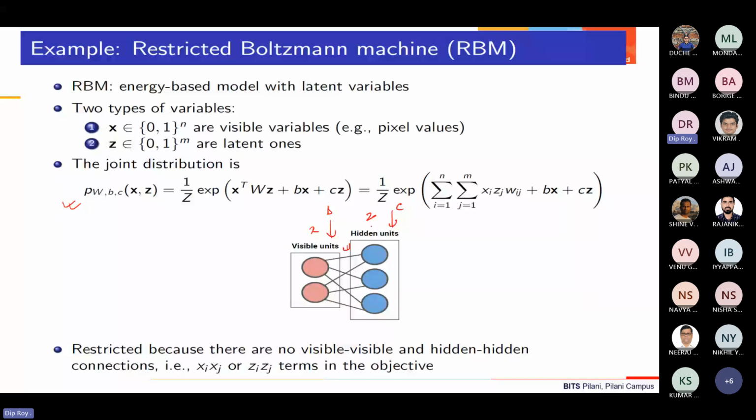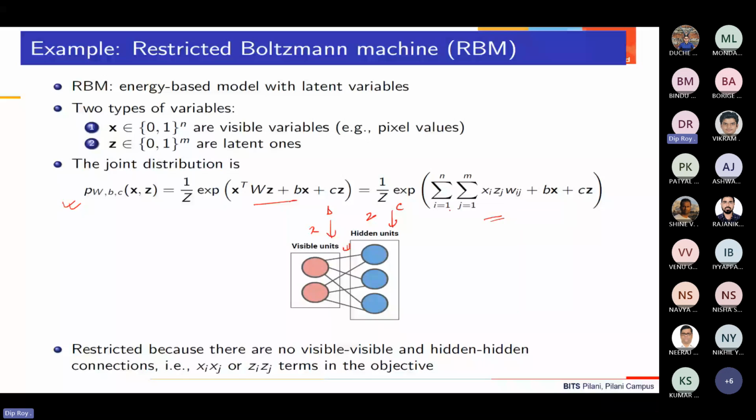What it is doing is, the connection between x and z is controlled by the weight W, which is why it multiplies the vector x with a matrix W, and then with the vector z. Then x is multiplied by the bias b, which belongs to the visible unit, and z is multiplied with c. And this is just the expanded form: 1 by Z exponential of the summation from 1 to n and the summation from 1 to m.